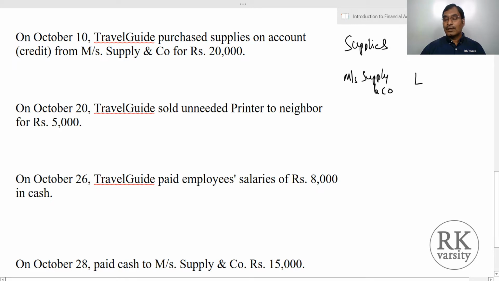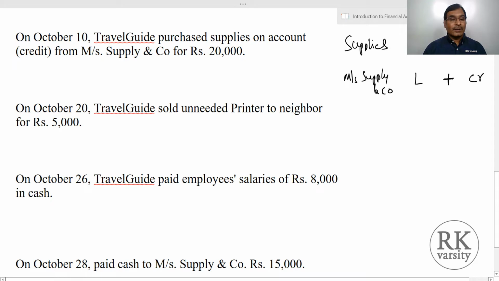What happened to your liability? There is an increase in a liability because you have to pay 20,000 to Supply and Co in future. And what happened to your expenditure? There is an increase in your expenditure. Now when the liability increases, we credit. When expenses increase, we debit.